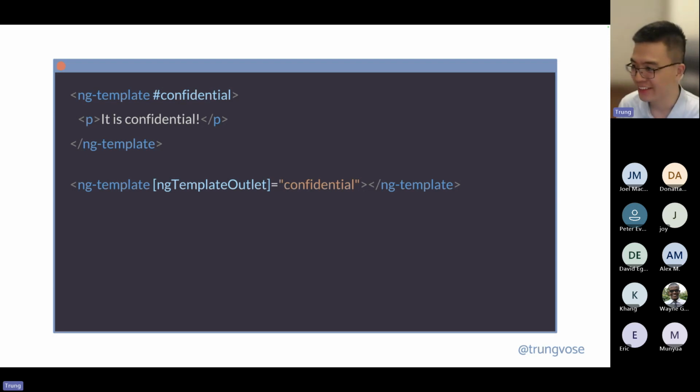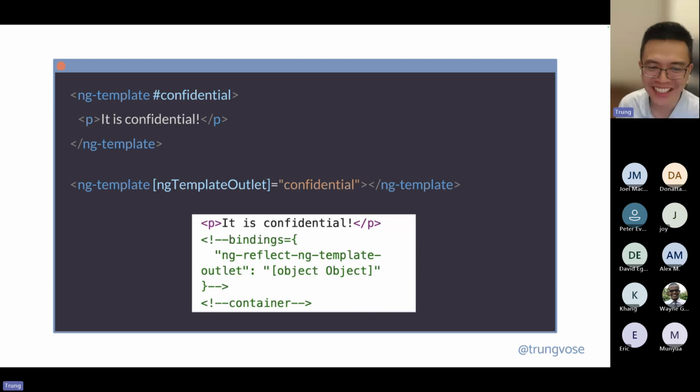And at the end, we get ngTemplate, and you can use ngTemplateOutlet. I never saw it really until I read the Angular Material source code. I didn't know that we can do it at all. I didn't know that you can use ngTemplate to render the template using ngTemplate, which is so mind-blowing. ngTemplate is supposedly not to render anything, and you can still apply an ngTemplateOutlet to render another template.